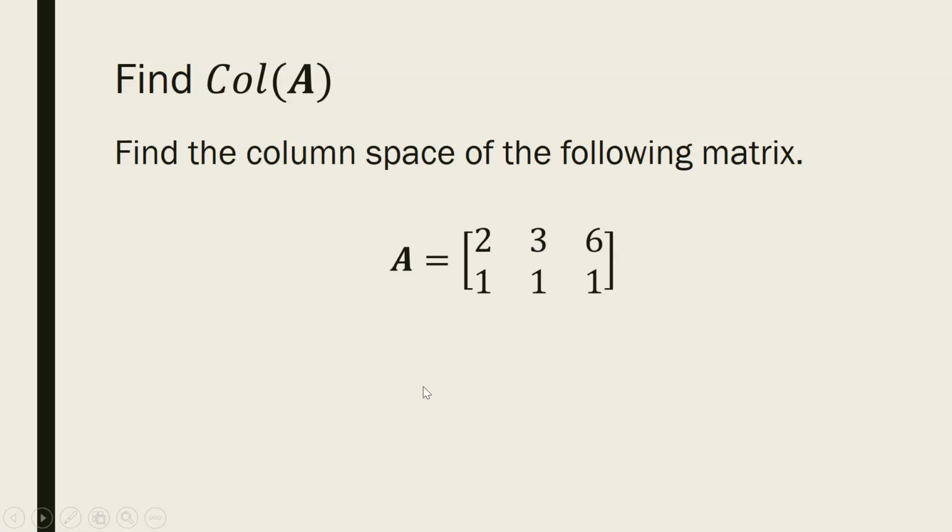So we actually don't need this third column to get linear combinations of all three columns. If I wanted a linear combination of (2, 1), (3, 1), and (6, 1), I could have accomplished that by taking a linear combination of (2, 1) and (3, 1).